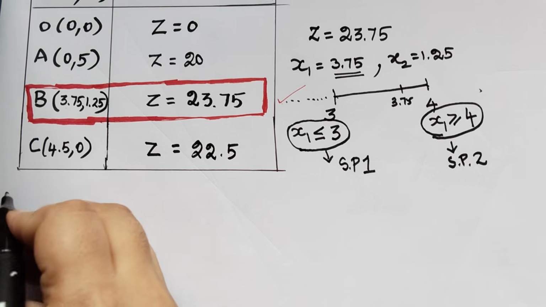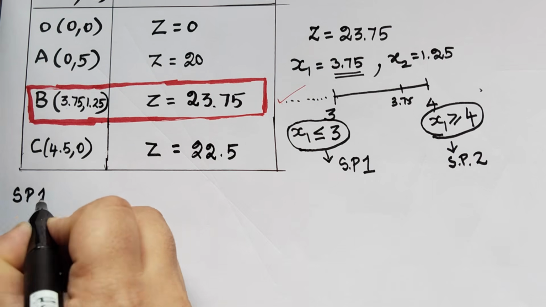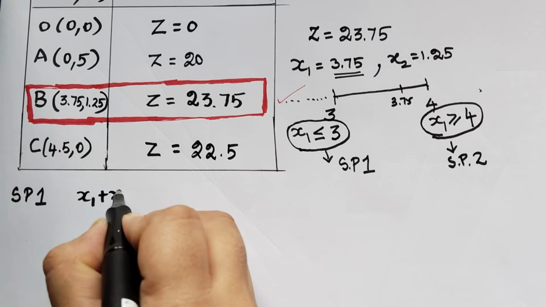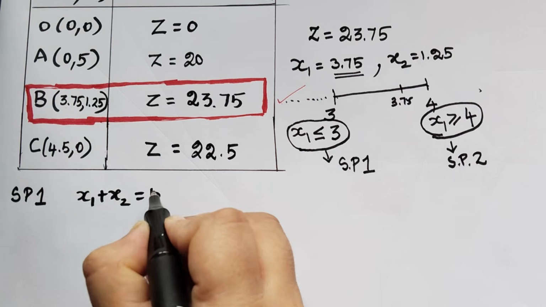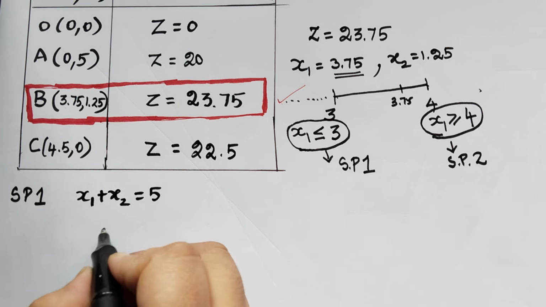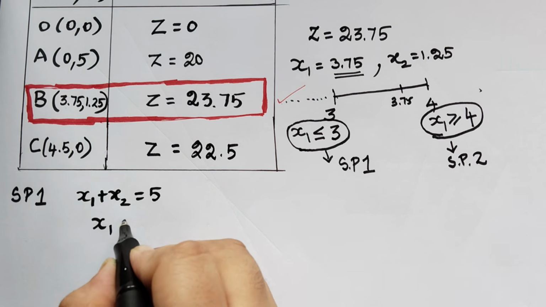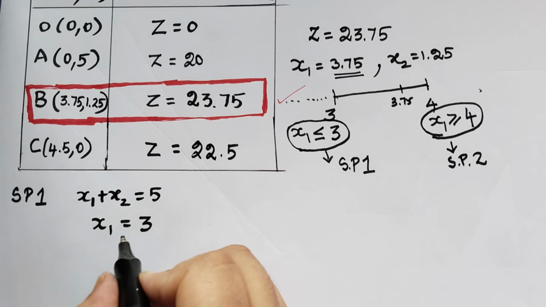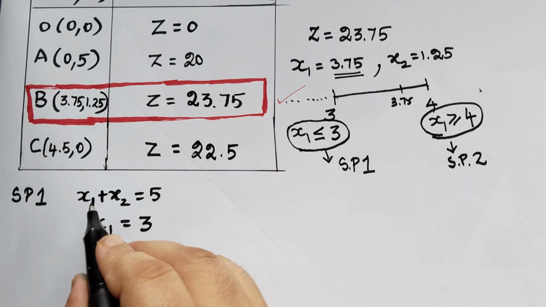For subproblem 1, the first constraint is x1 plus x2, written as an equality, equal to 5. And the new constraint is x1, again written as an equality, equal to 3. Now we have to substitute x1 equal to 3 in this equation.